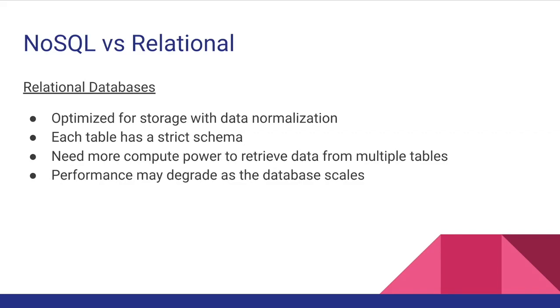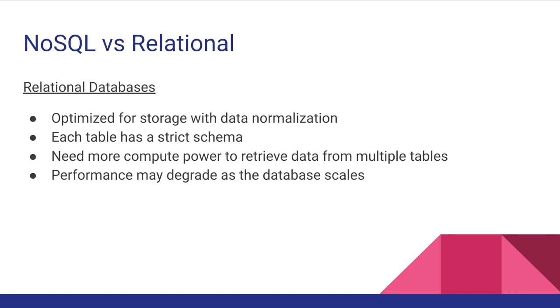When we split the data across multiple tables, we have to join these tables in order to retrieve the data. So it needs more compute power when there are a lot of table joins to be done. One other limitation in relational databases is that the performance degrades as the database scales. One of the reasons is that complex queries generated by ORM tools can create a significant performance drain.